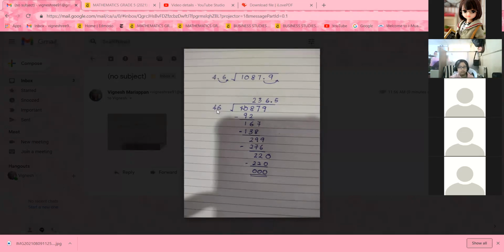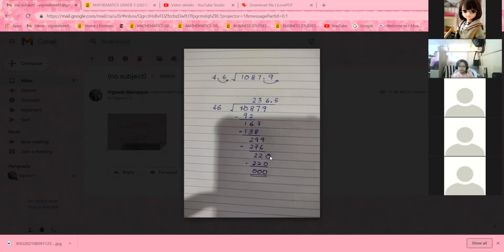2 times 46 becomes 92. So the balance is 16. You bring the 7 down. 3 times 46 becomes 138. So the balance is 29. You bring the 9 down. 6 times 46 becomes 276. So the balance is 22. You can add the 0 here to find the solution.